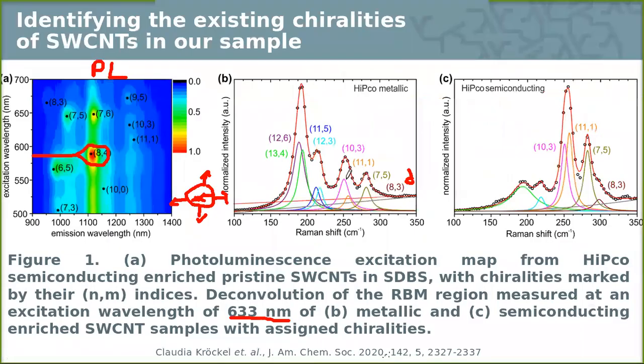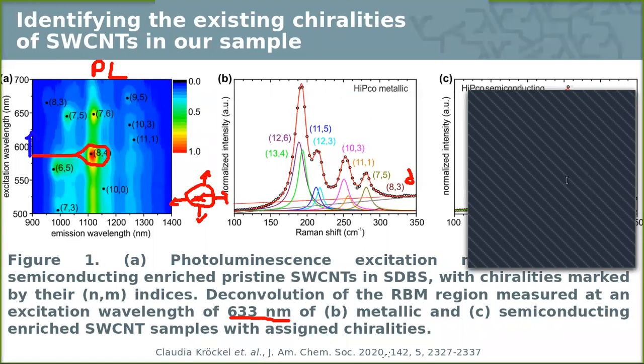So if you see here, the original excitation energy of the 8.4, it's something below 600. But afterwards, when we displace the Fermi energy level because we dope the material, we are out of resonance because we move to higher wave numbers. That's the reason why we don't see these nanotubes any longer.